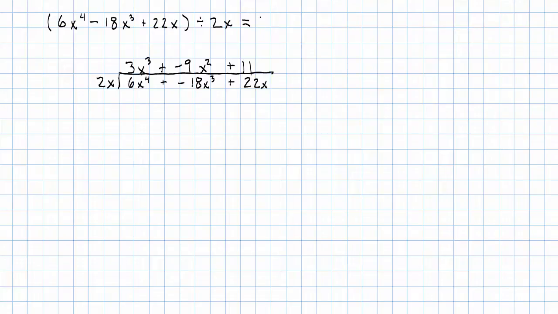So I get 3x to the third minus 9x squared plus 11. This time I didn't have a fraction part. This time my monomial went in evenly. How did I know that that happened? Because at the end of the problem, I had no negative exponent.